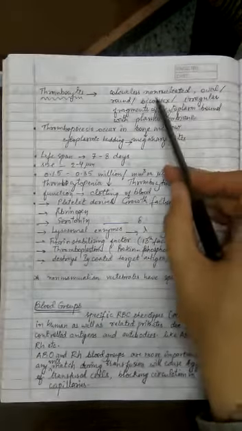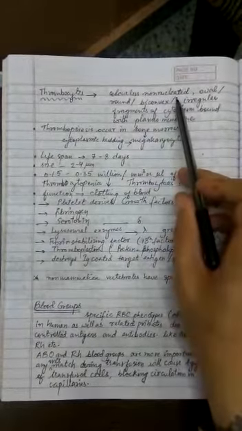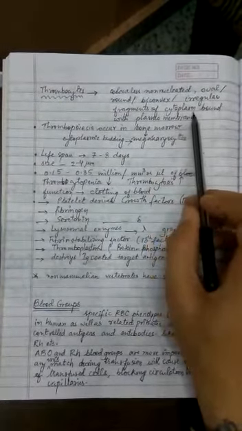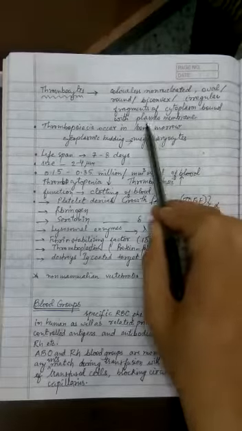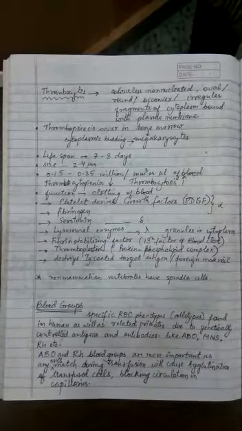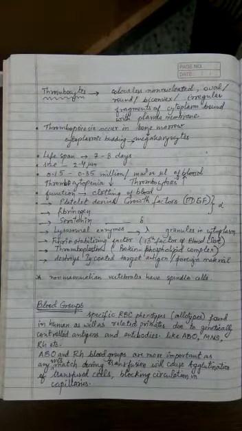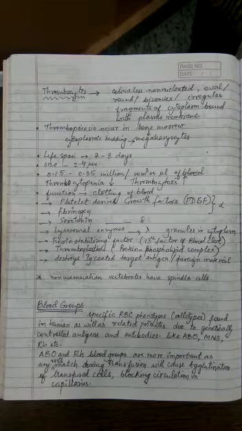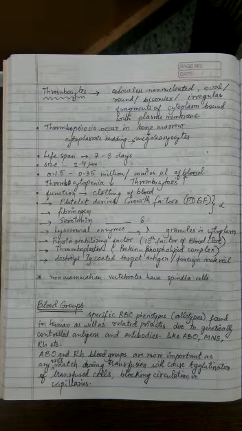Those fragments are colorless, without nucleus, of variable shape, and bound with plasma membrane, and they carry the functional components of thrombocytes. So these fragments of cytoplasm are thrombocytes. Thrombocytes are not cells, basically they are pieces of the cytoplasm of megakaryocytes.